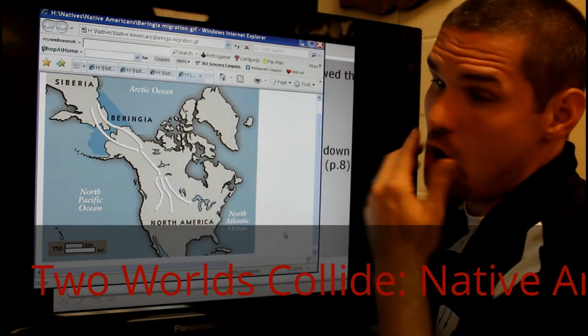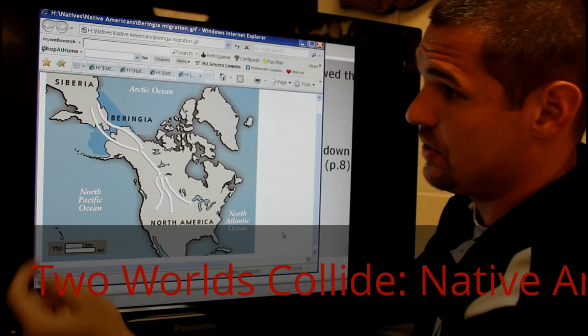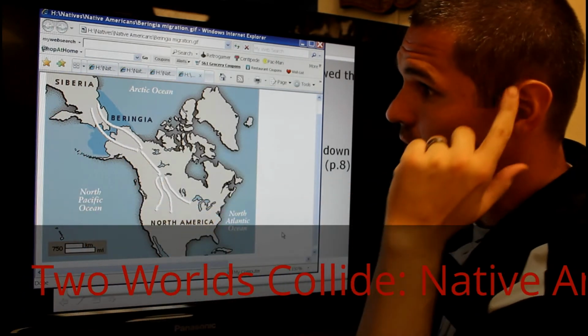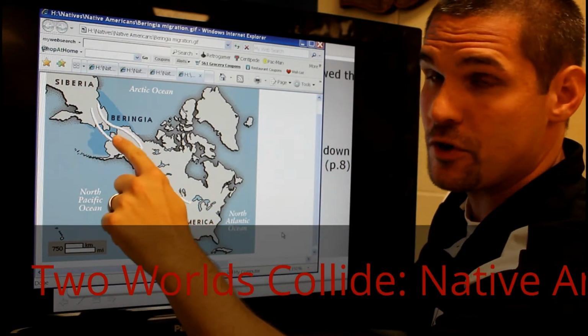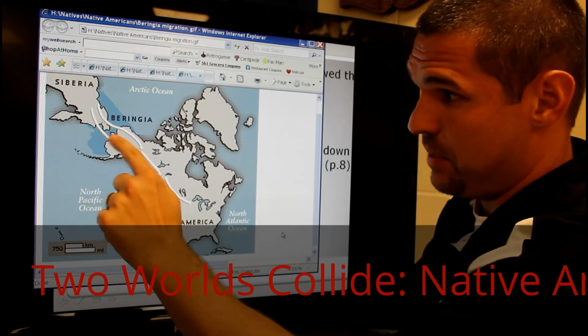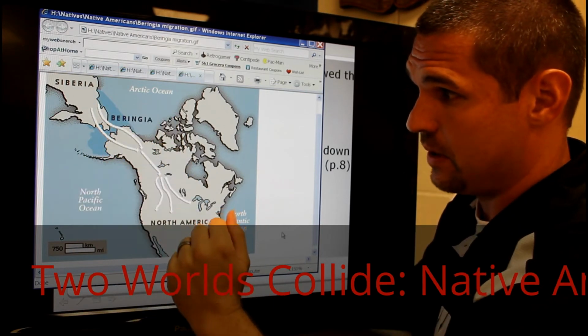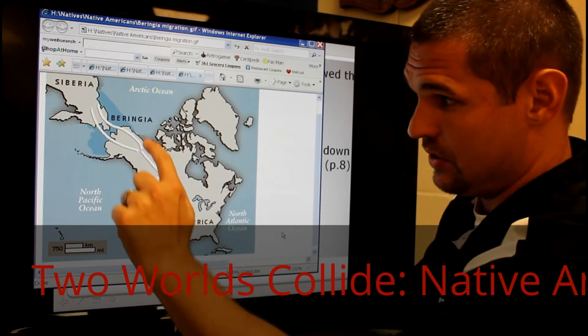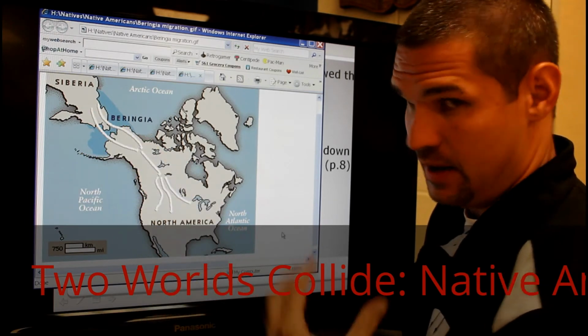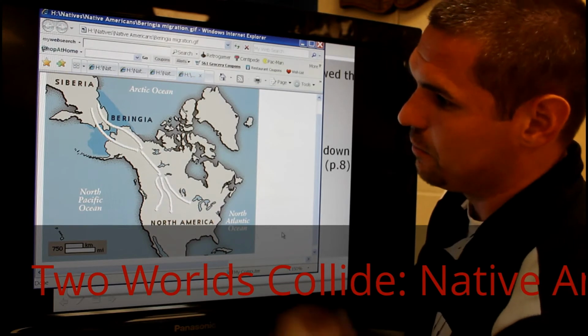This is just going to show you the migration routes of, obviously the animals coming down through here and the first Americans. So from Siberia, again, you have Beringia right here, which is exposed from the lower sea levels. And these are the migration routes that the animals and the people are going to take.